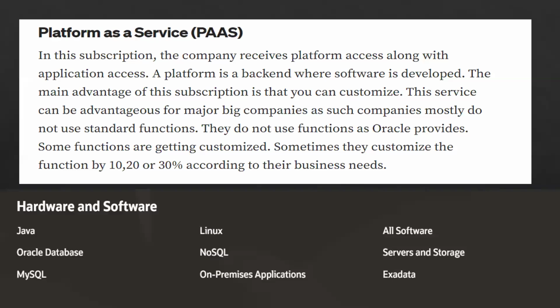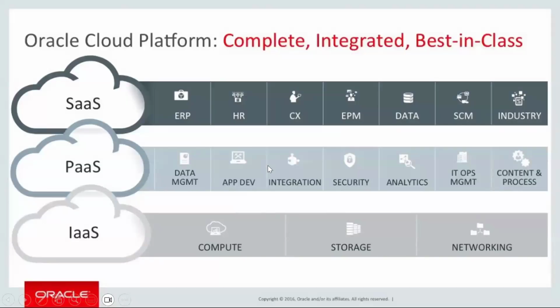So one best example I can give: if you have an OTT subscription, let's say Amazon or Netflix, or a network subscription like Airtel, there will be three different packages like gold, platinum, general, basic.